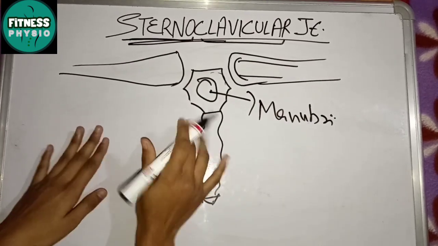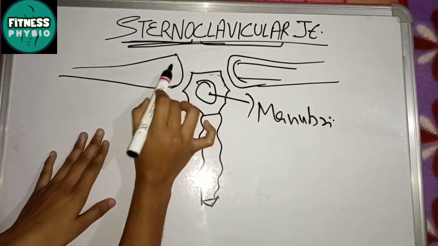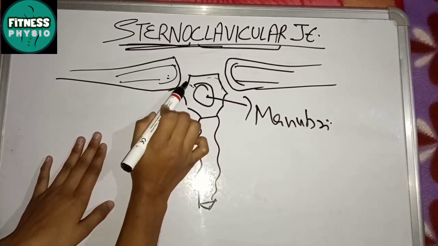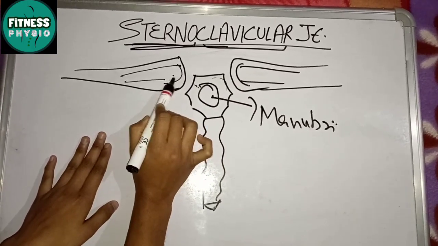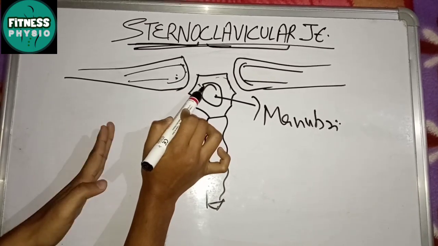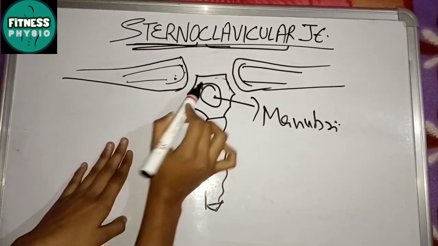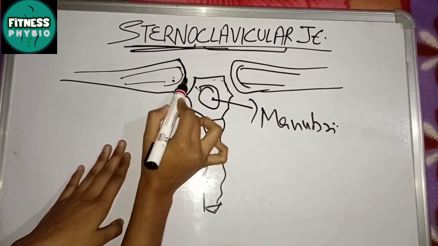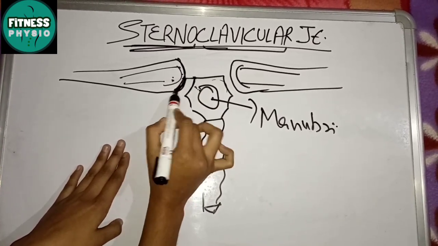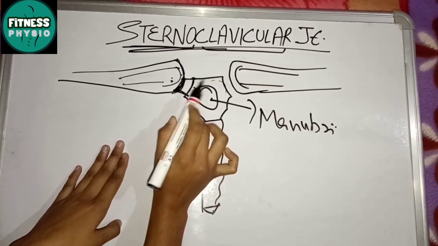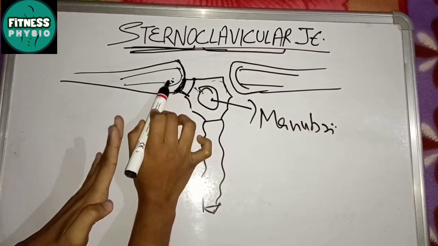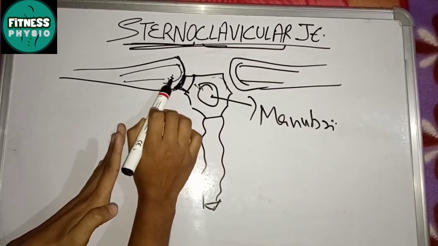If you see the articulation, do you say this joint is congruent or incongruent? This joint is incongruent. Why? Because only a small part of the medial end is in articulation with the manubrium sterni. So this is basically an incongruent joint, not a congruent joint.